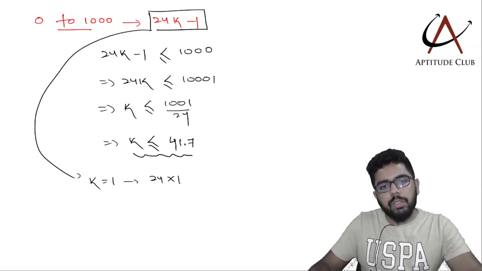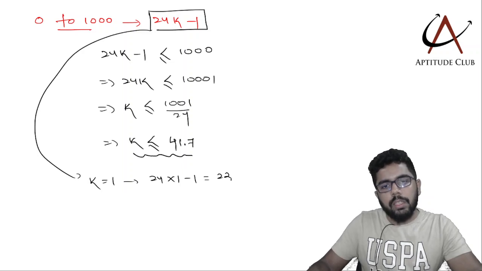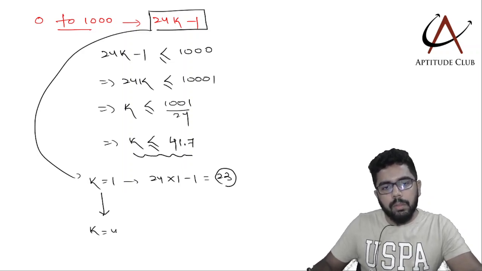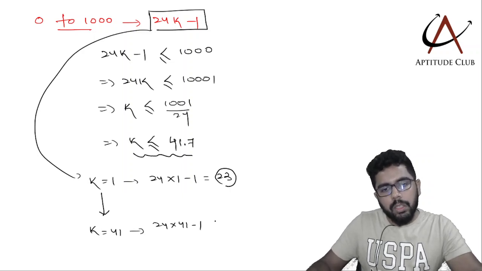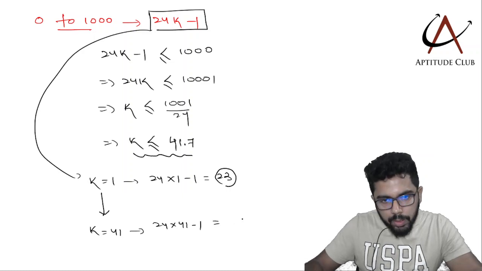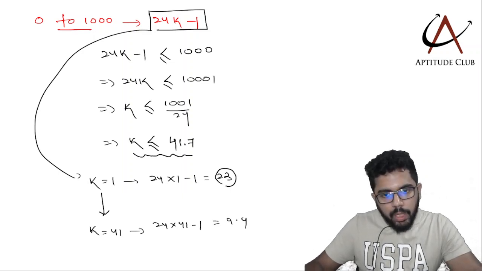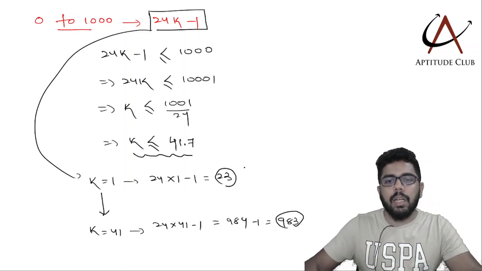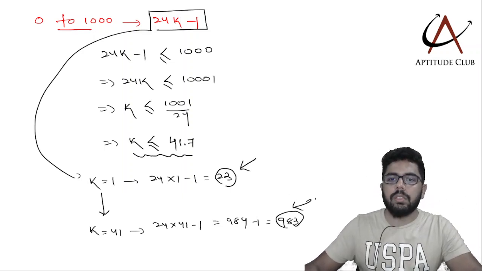So 24 into 1 minus 1, I get 23. This is the first number, and the last number is when I put k as 41. So 24 into 41 minus 1, 984 minus 1, 983. This is my last number, this is the first number, this is the last number.